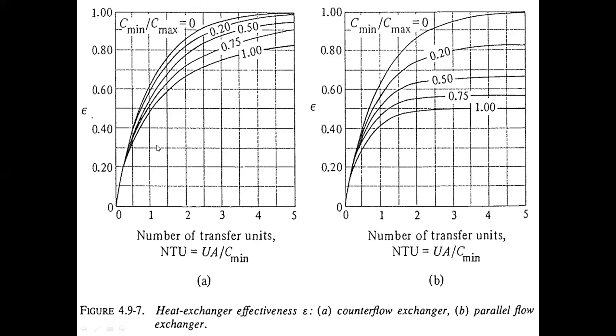So your NTU, you just annotate, which is 1.18. You go up until you reach 0.5 or 0.51.